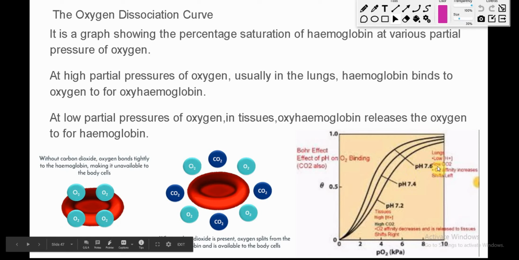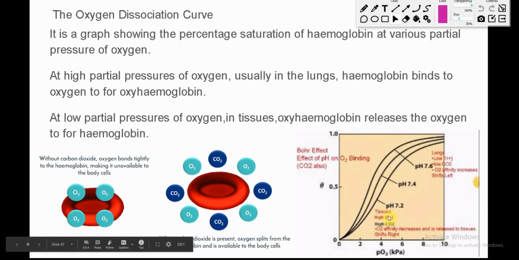At a higher pH we can see that the percentage saturation can take place at a faster rate, whereas at a lower pH the percentage saturation of hemoglobin is low compared to the other one.